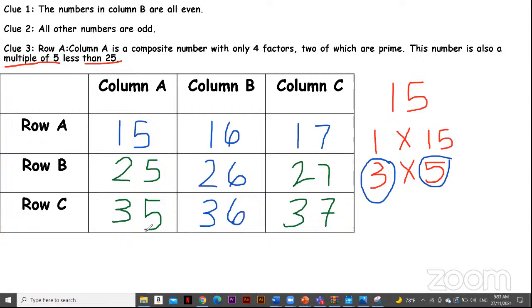Let's go over this one more time to see if all these rules are being matched. All right, so the first clue says all numbers in column B are even. This is column B. Are all the numbers in column B even?